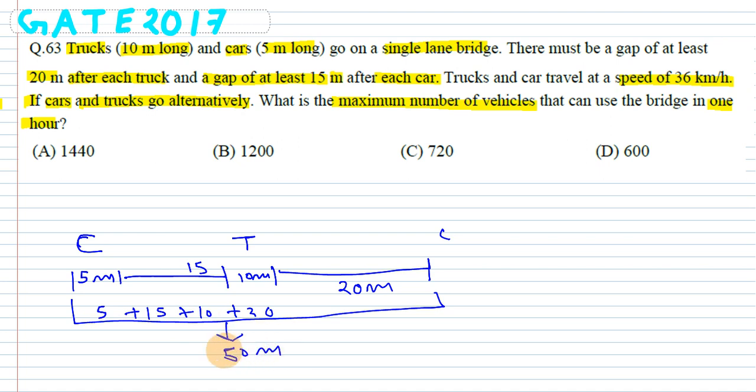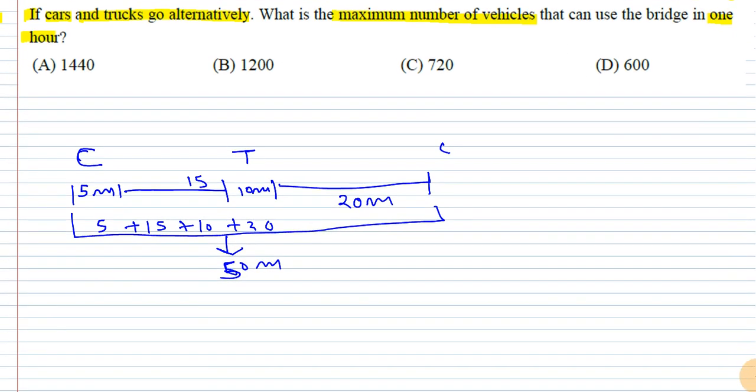So this is 50 meter, right? So in 50 meter there are two vehicles moving, a car and a truck. Two vehicles, which are the car and truck, are moving in 50 meter.